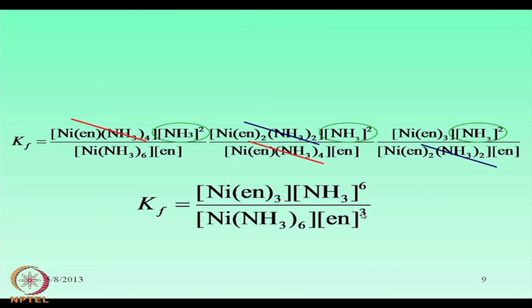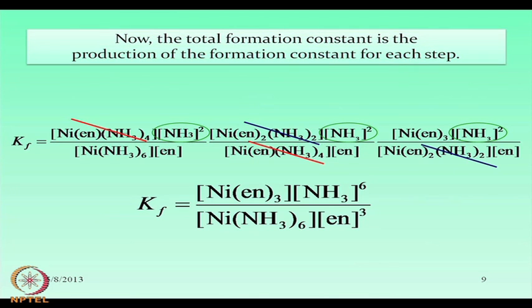So, we get the Kf value, the overall formation constant, the cumulative constant for the formation of tris-ethylenediamine nickel(II), which will be the Ni(en)3 concentration over NH3 power 6, Ni(NH3)6 concentration and en concentration powered by 3. So, we can find out the K for the single step reaction where the tris-ethylenediamine nickel complex is forming from the hexaamine nickel(II) species.